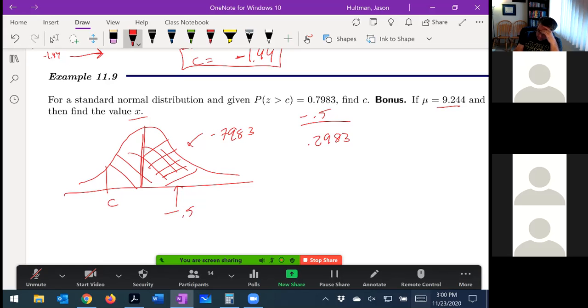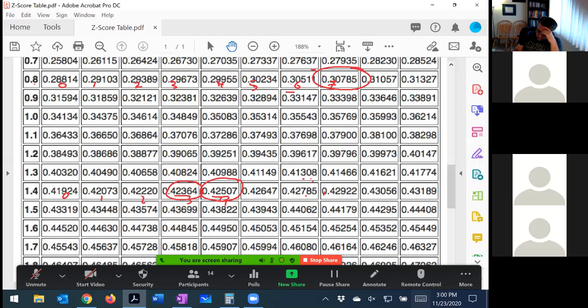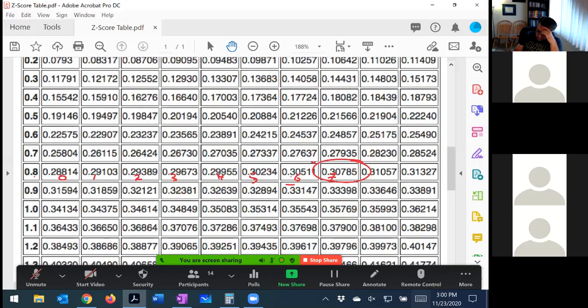Now I'm going to look at my table and work backwards to find my z-score. Z is equal to what? So 0.2983. Looks like it's going to be closer in this row here.